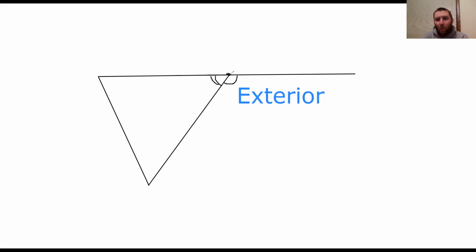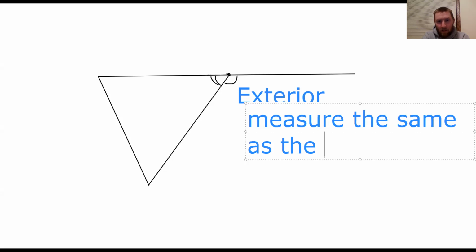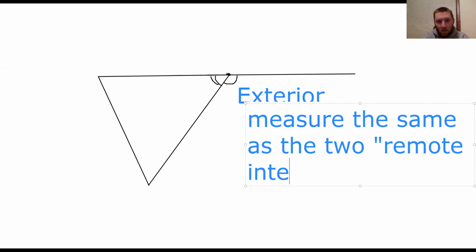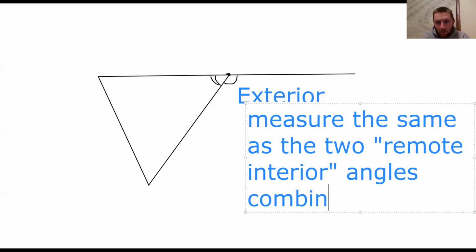Now, because of that idea and the idea we just talked about, the interesting thing about exterior angles is that exterior angles measure the same as the two, what we call remote interior angles, combined, I should say.